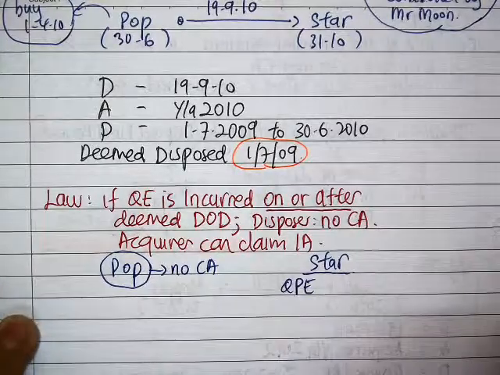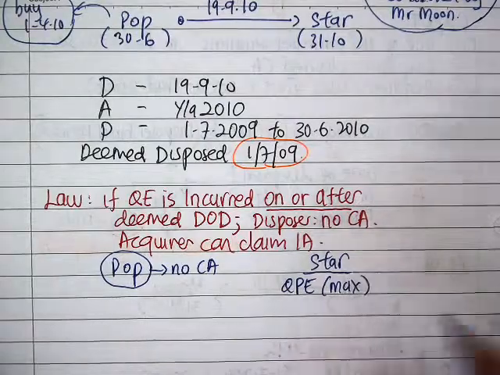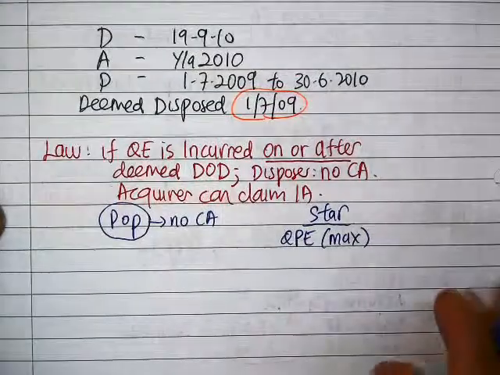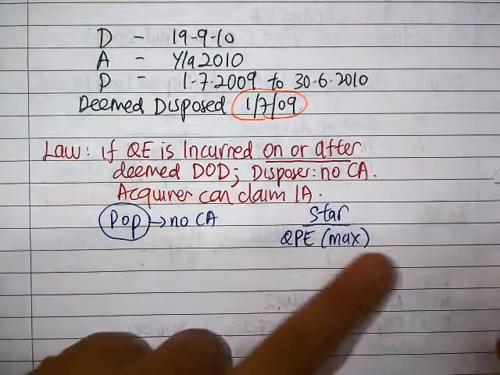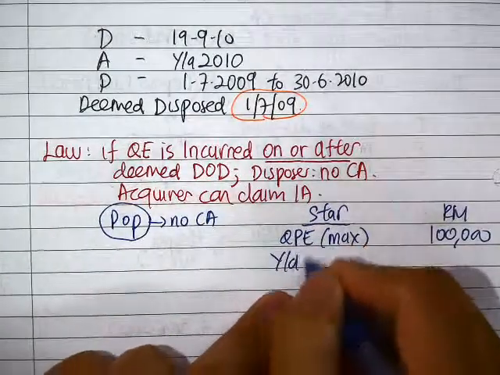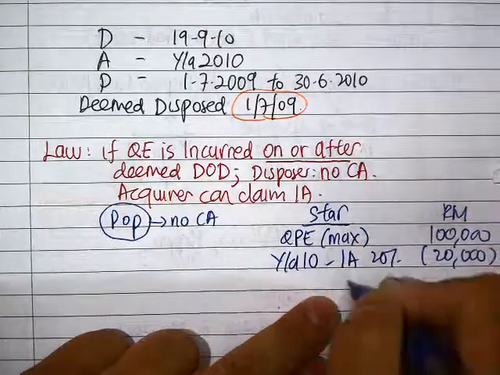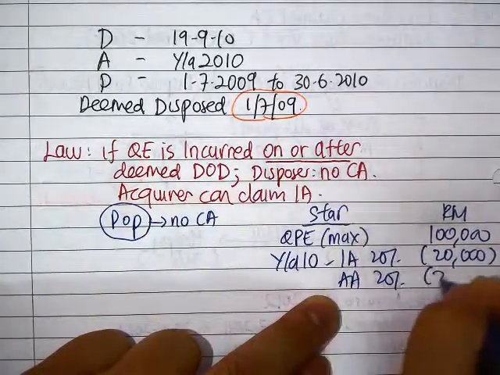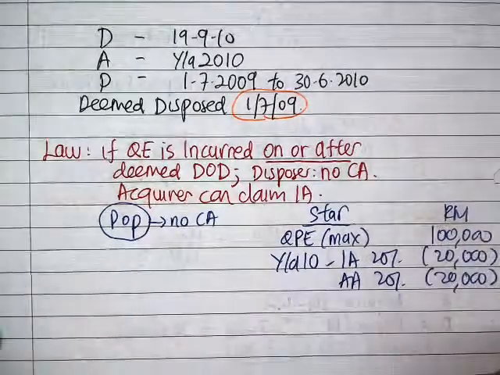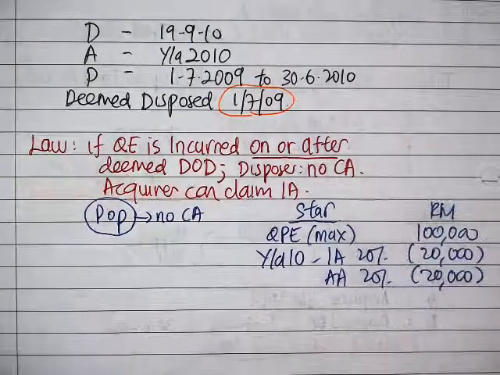This is a director car, it's a non-commercial vehicle. Okay, so if the car is new and the cost does not exceed 150, we will restrict this to 100,000. So Y 2010, you're going to get 20% IA, 20% AA.